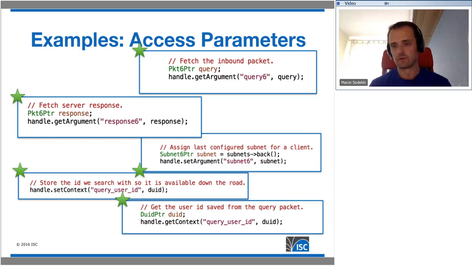And in a different callout, you can retrieve this argument by calling get context. As simple as that. It could be a different name, right? The names of the context parameters are not predefined, obviously, because it depends on what you need in your hook library. It could be foo. I wouldn't recommend foo in this particular case, but if you want to use foo, that could be it.